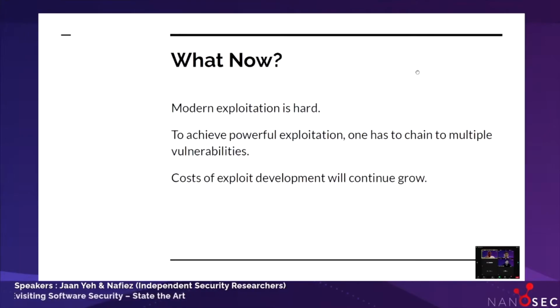And to achieve a powerful exploitation, multiple vulnerabilities have to be chained. One vulnerability by itself isn't sufficient. For example, in our case, it doesn't even bring so much attention, or it's like not a useful bug. And of course, we can see the cost of exploit development will continue to grow.